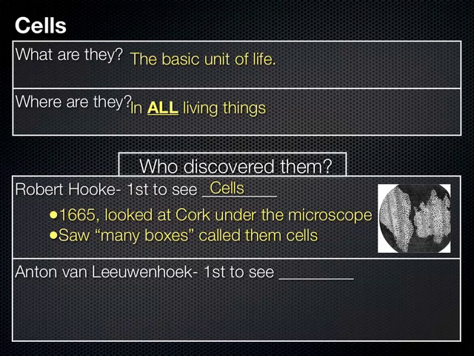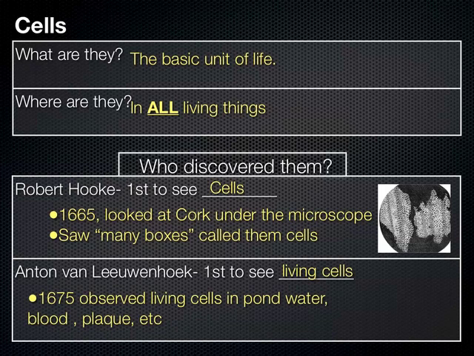Oh, okay. So Anton van Leeuwenhoek was actually the first scientist that saw living cells. The cells that Robert Hooke was looking at, the cells in that cork you're holding, are dead cells. They're no longer part of the living organism. Leeuwenhoek saw living cells, though. He looked at a wide variety of living things. Pond water: if you take a sample of water from a pond and look at it in a microscope, you'll see lots of little living organisms in there, single-celled creatures.